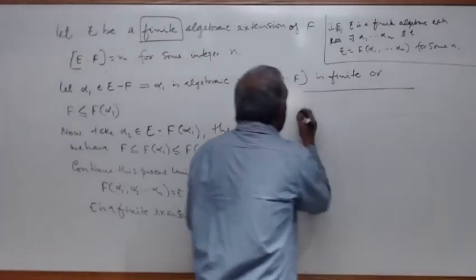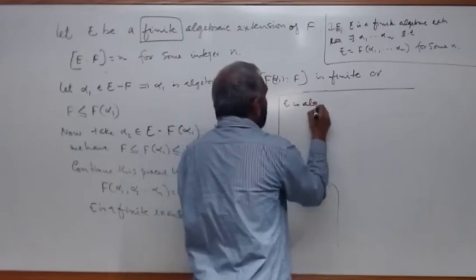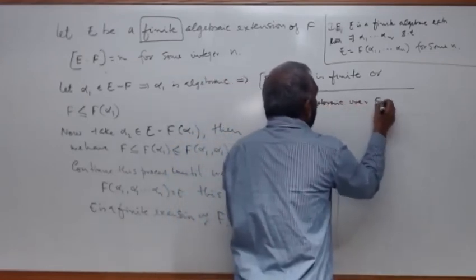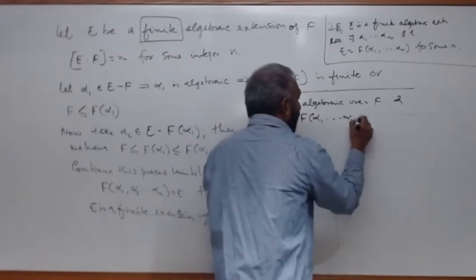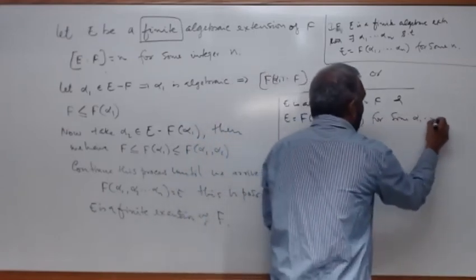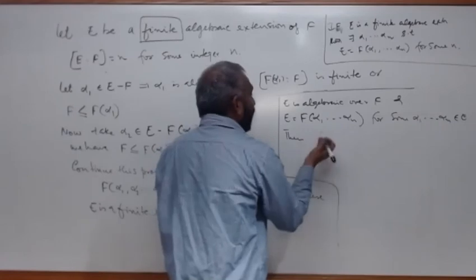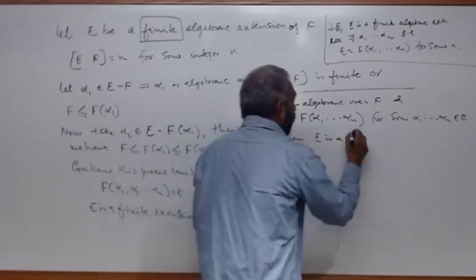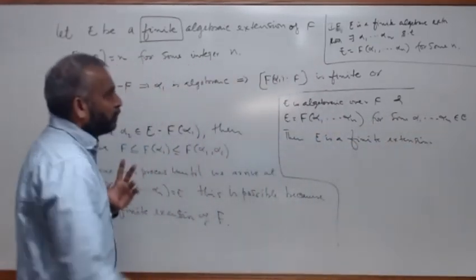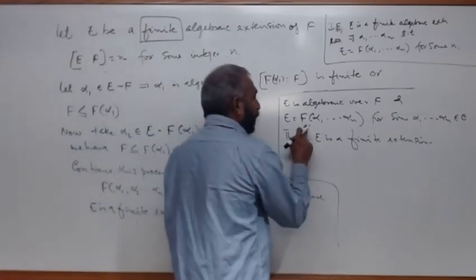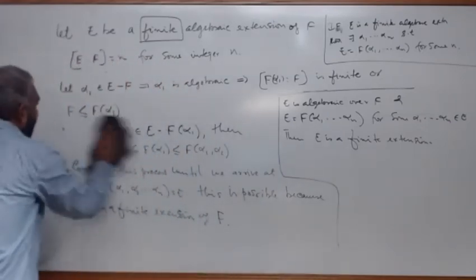But now let's say we are assuming that E is algebraic over F, and E is equal to F(alpha 1, ..., alpha n) for some alpha 1, ..., alpha n in E. Then definitely E is a finite extension, because we know from the previous result that if you can express any field like this, then it's a finite extension.